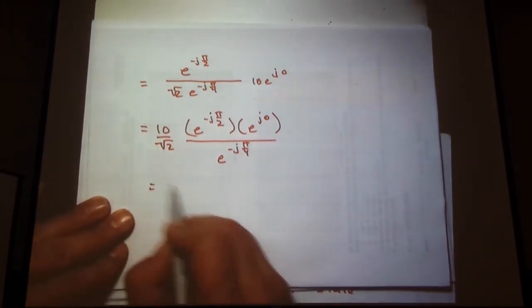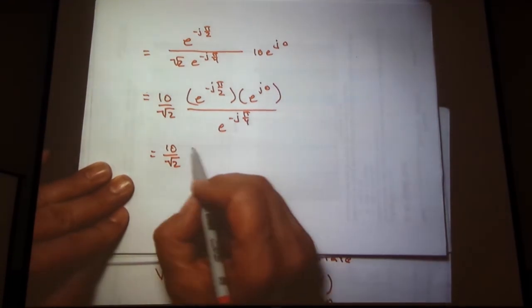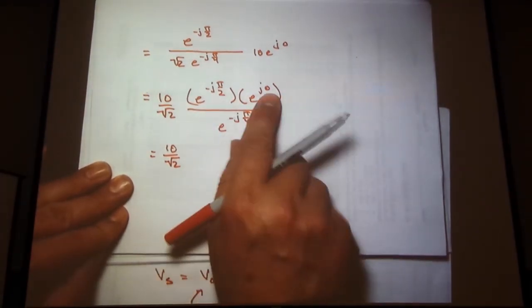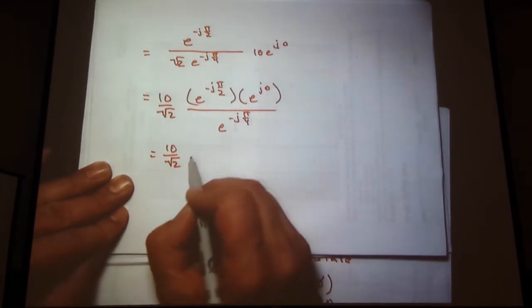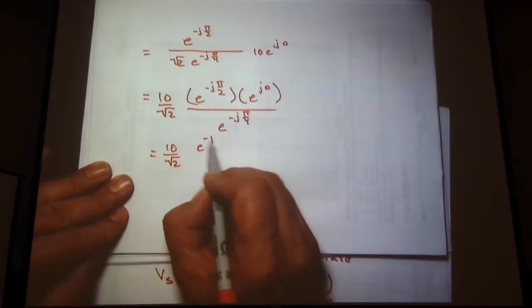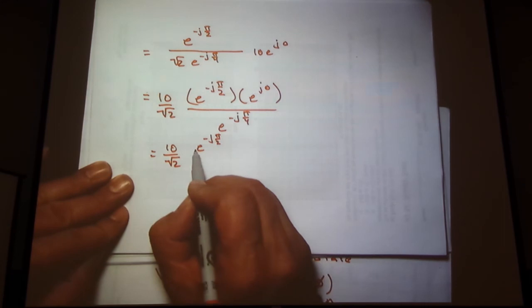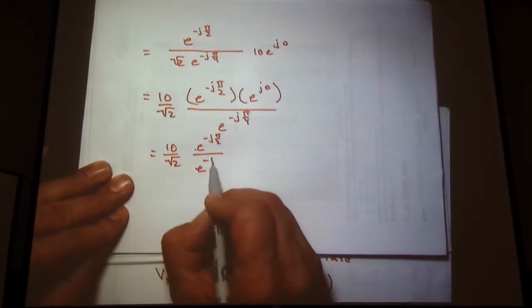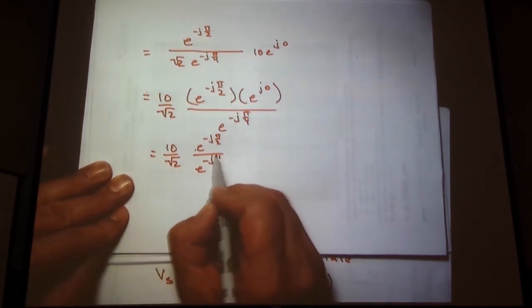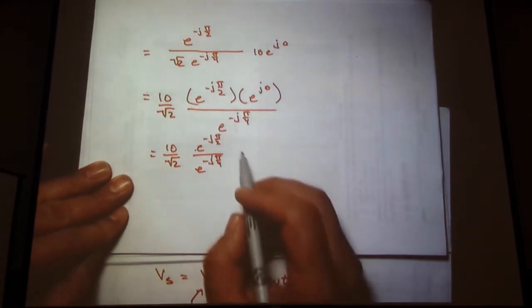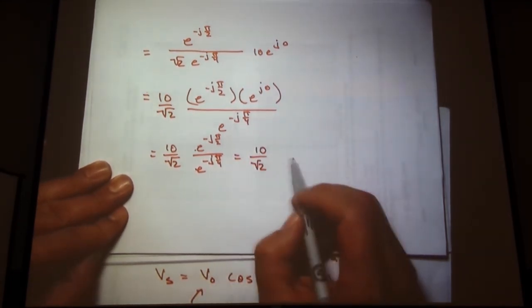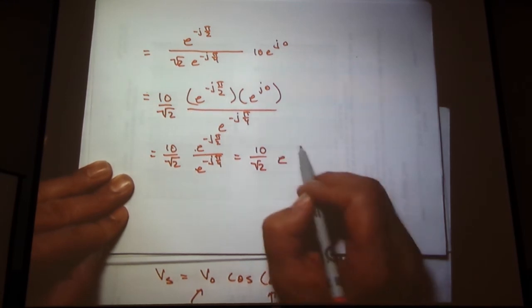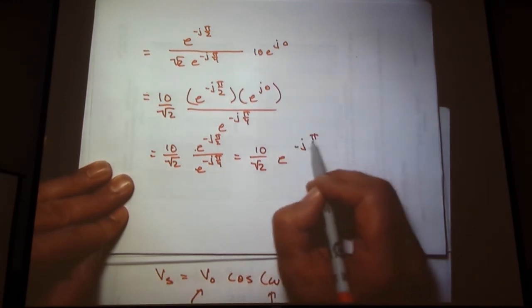So we can rewrite this one more time, 10 over square root of 2. We add these. Pi over 2 plus 0 is pi over 2, minus pi over 2, e to the minus j pi over 2. And what do we do with exponents that we divide? We subtract. So we wind up with 10 over square root of 2, e to the minus j pi over 4.